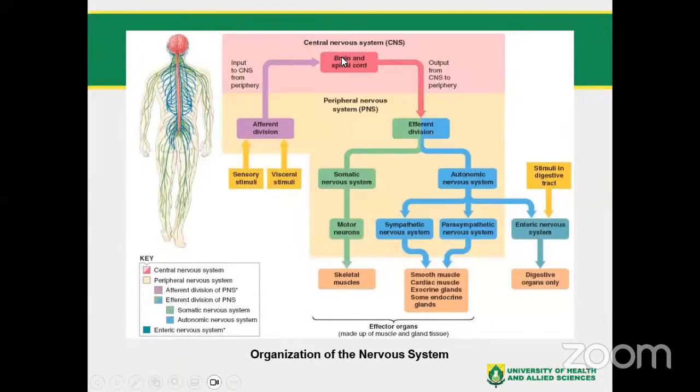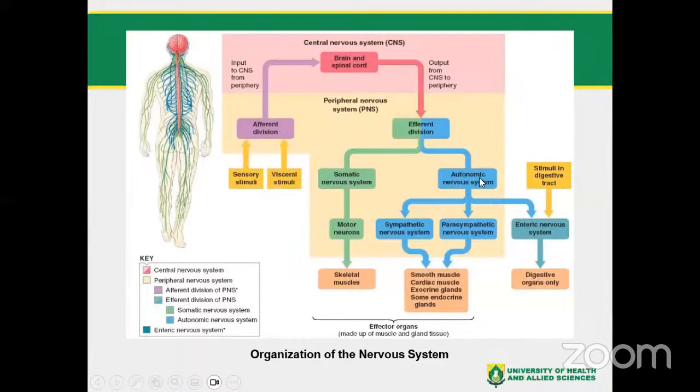In the peripheral nervous system, we said we have the afferent division, or sensory division, which could be somatic and visceral. Then we have the efferent division, which includes the somatic and the autonomic.